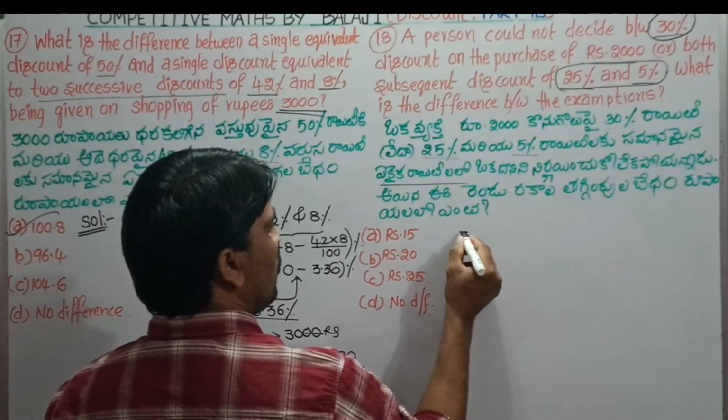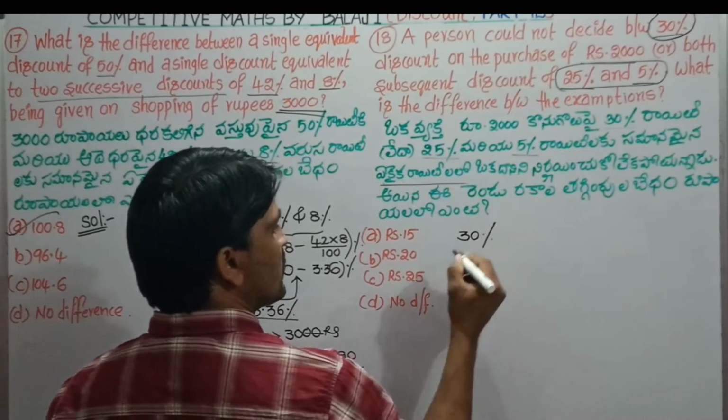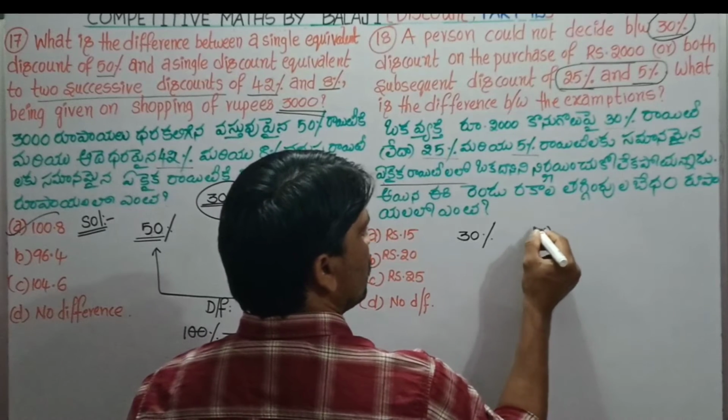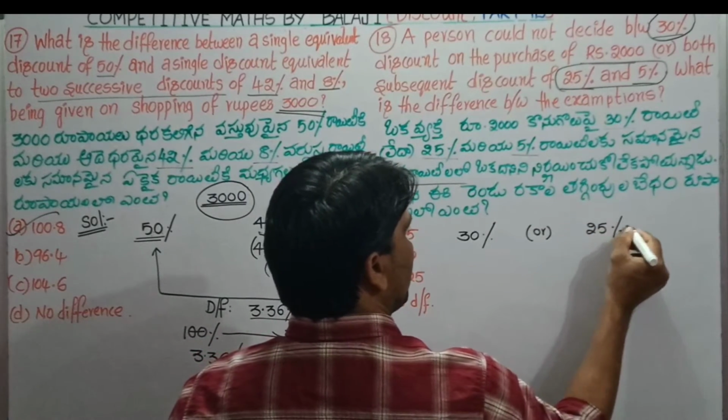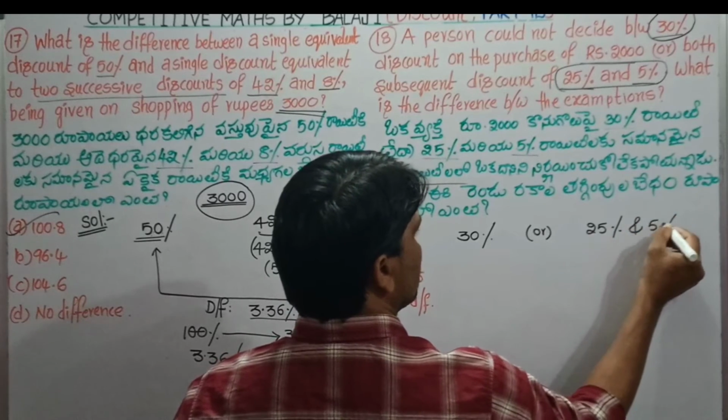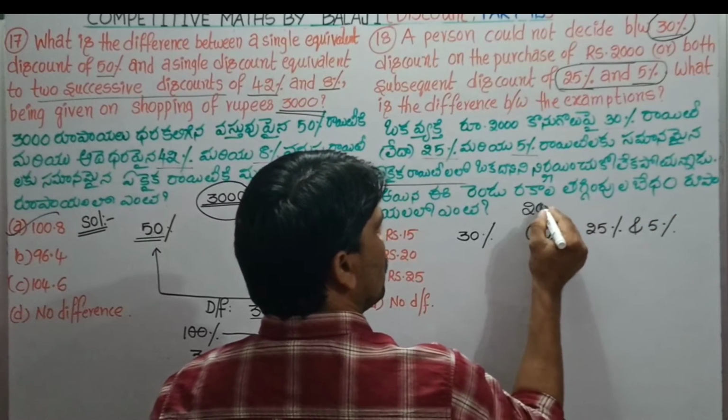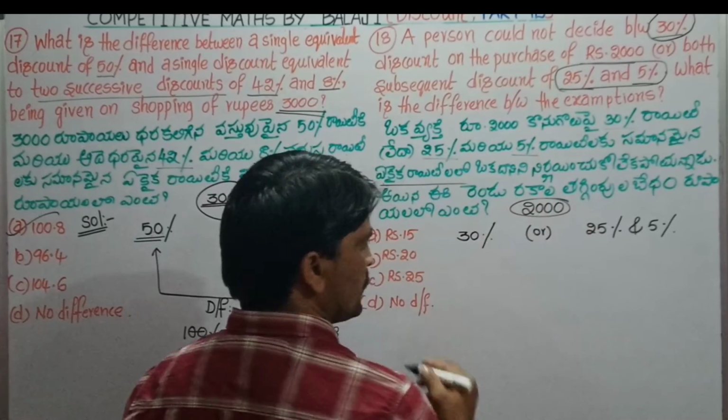So a single discount 30% or single equivalent discount of 25% and 5% on purchasing of 2000 rupees.